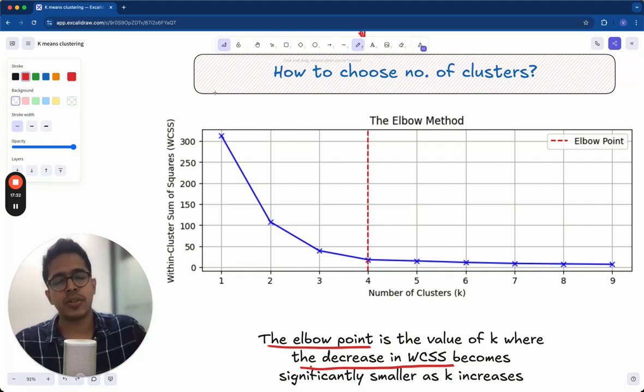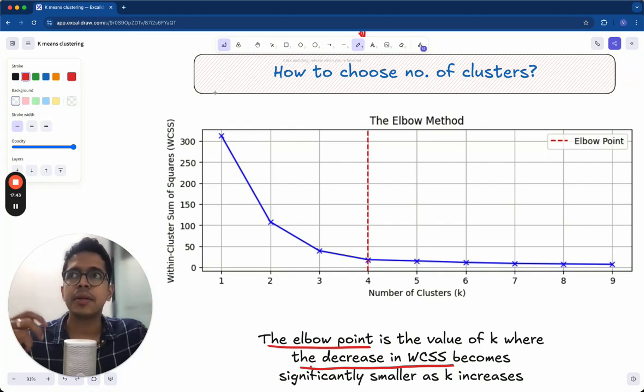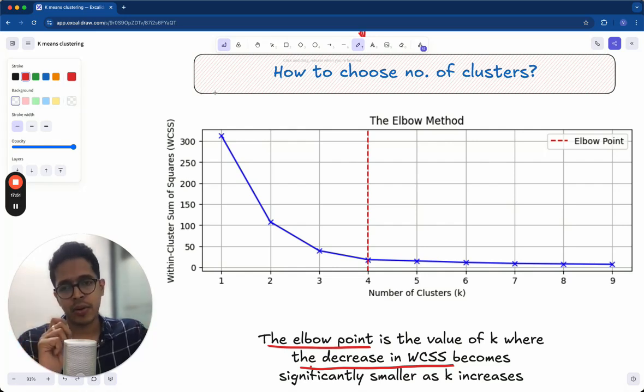So let's say you say that the number of clusters is 2, and then you calculate the within cluster sum of squares. That value itself can change based on the number of iterations, because in every iteration the centroid of the cluster might get modified a little bit. But let's say you are running it for 100 iterations for every given value of k. You can calculate the J or WCSS for 100 iterations for every single value of k.